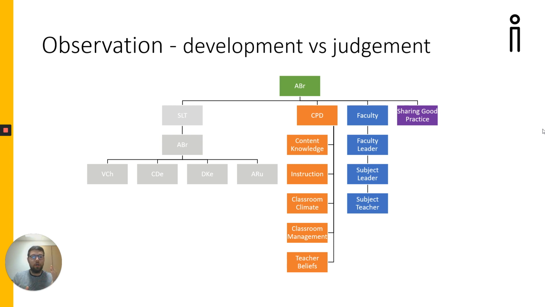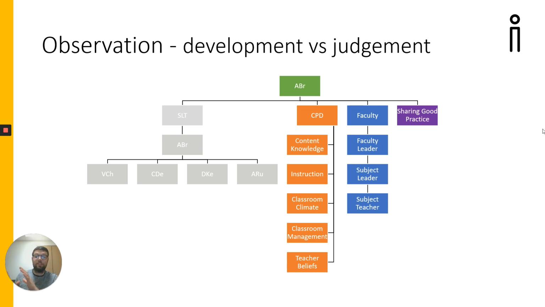I'm going to move across to the blue strand next, because this is second easiest to explain. This is our faculty. So in old models, you'd have SLT being the main drivers of observation. We've removed this and we've given a lot more to our faculties. We found that it's a lot better for an English teacher to observe other English teachers, as opposed to an SLT maths teacher observing English.